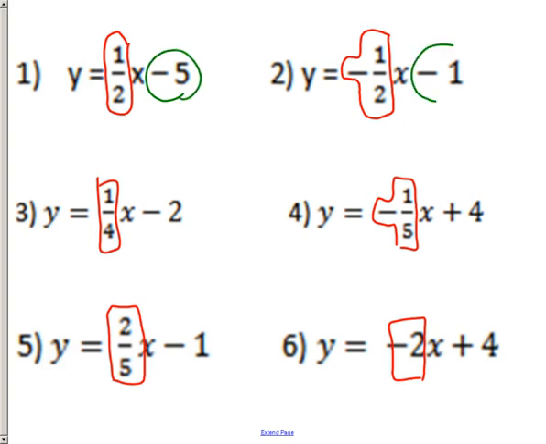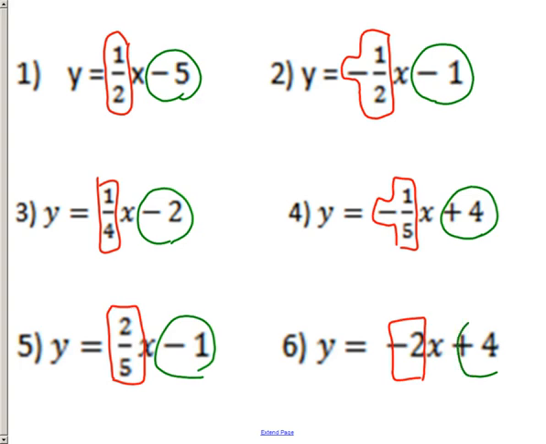This would be my y-intercept, -1, -2, +4, -1, and +4. So in green is our y-intercept, and in red is our slope.